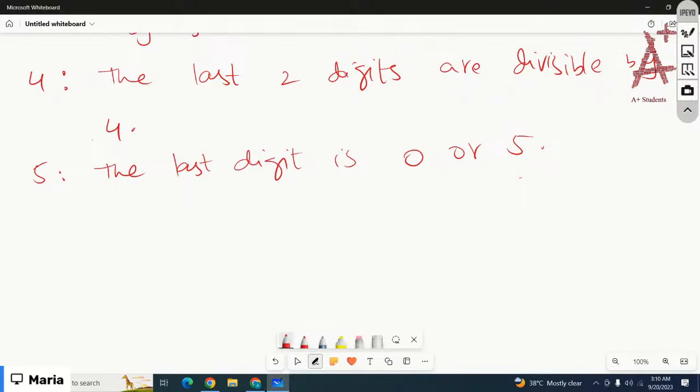If the last digit is 0 or 5, that means the number is divisible by 5, right? For example, you have 175. Here you have 5. So, yes, it is divisible by 5, right? 128. Here you have 8, neither 0 nor 5. So, no, it is not divisible by 5, right? Okay, the divisibility rule for 6.